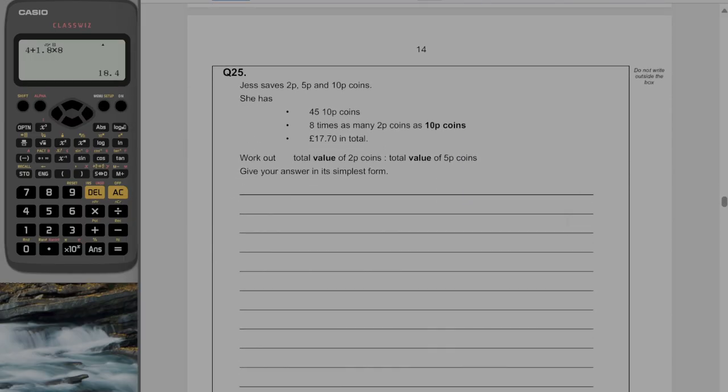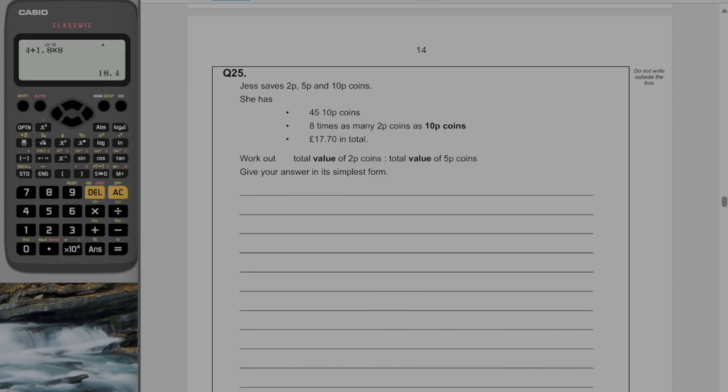Right, question 25. Jess saves 2p, 5p and 10p coins. She has 45 10p coins, and 8 times as many 2p coins as there are 10p coins. She has £17.70 in total. Work out the ratio of the total value of 2p coins to the total value of 5p coins, giving your answer in its simplest form.